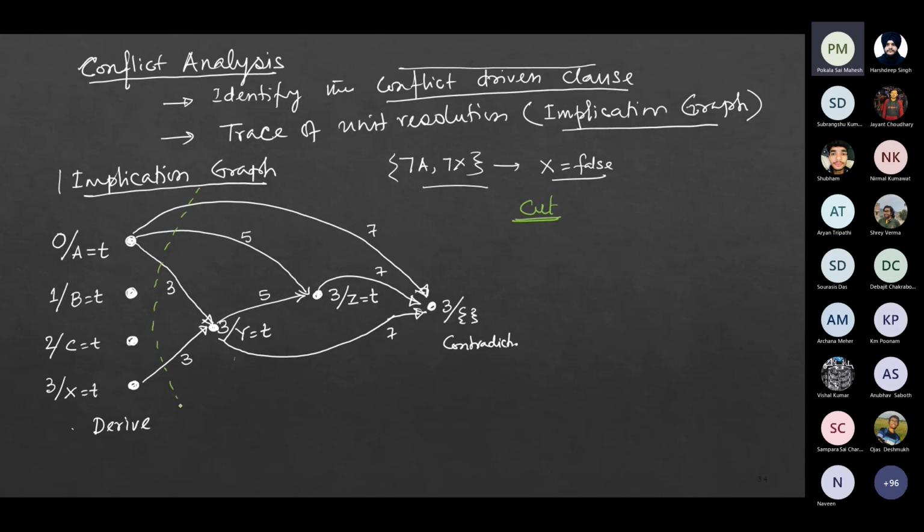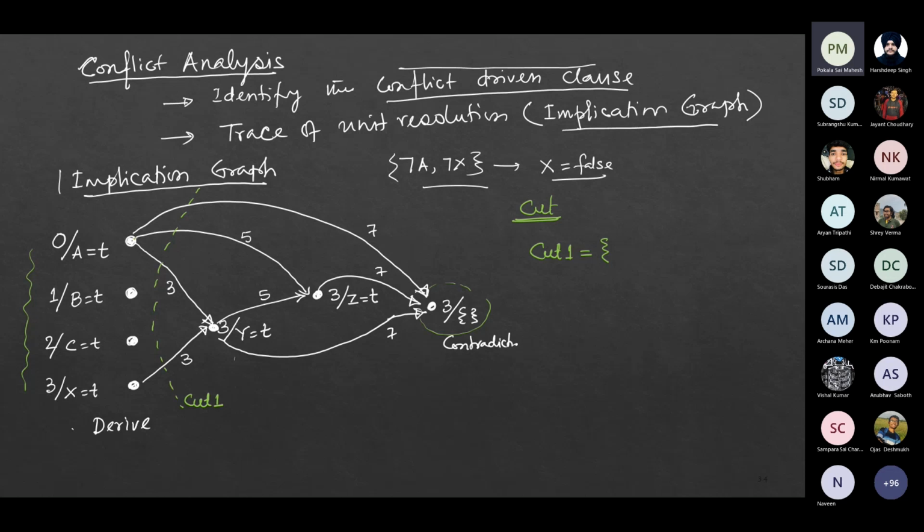So what are our decision variables? Decision variables are this, right? And what is our contradiction? Our contradiction is this. So we are trying to cut these nodes from the contradiction node. So that means we have a cut here, which is our cut 1, right? So what will cut 1 give us? Cut 1 will give us the assignments.